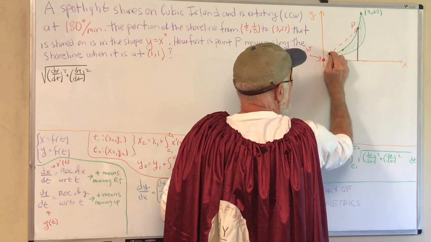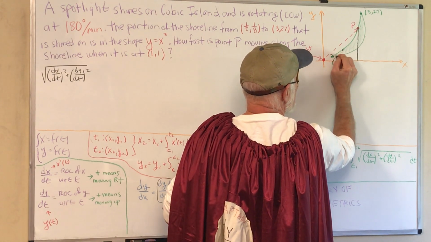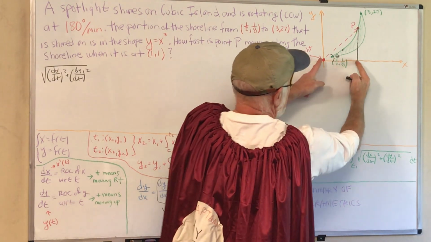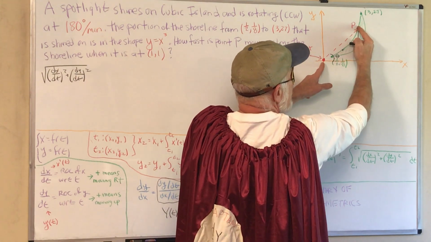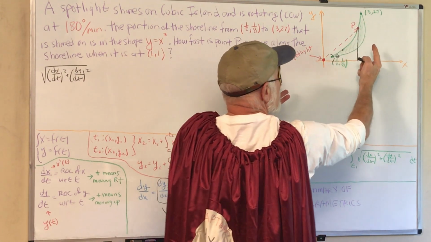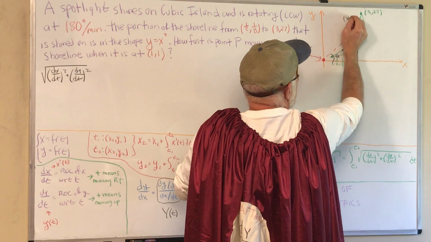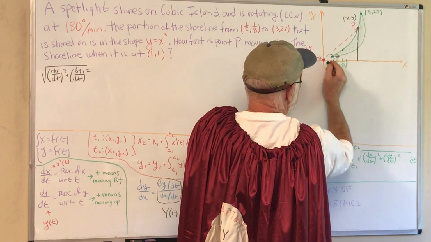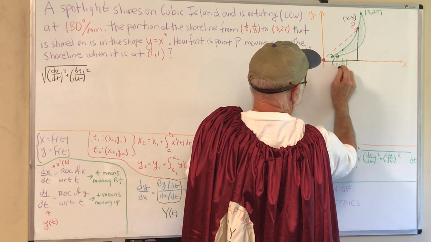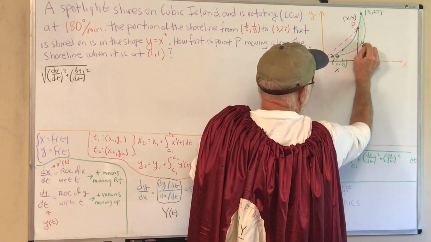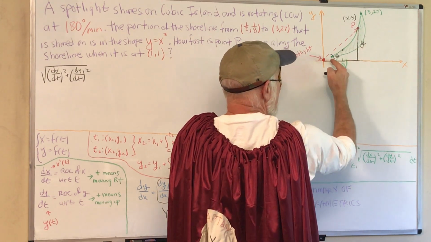So if I call this theta, and since this point right here in the xy coordinate system, you could call xy, you have a right triangle. And this is x, and this is y, and this is theta.